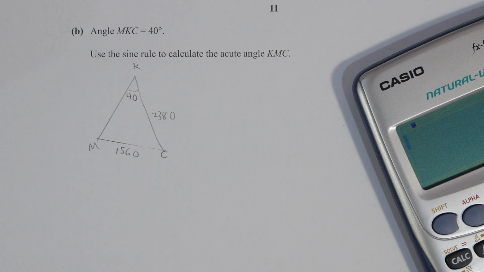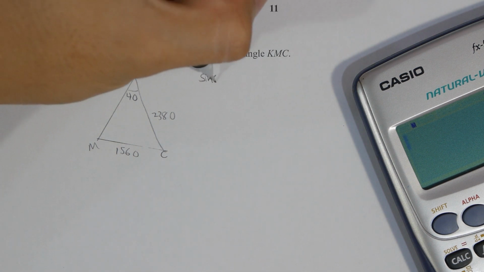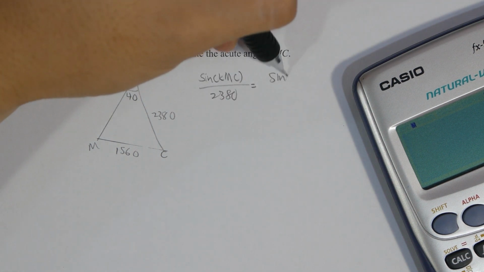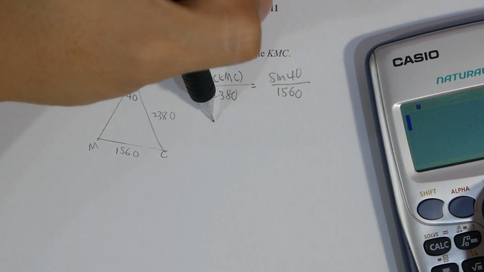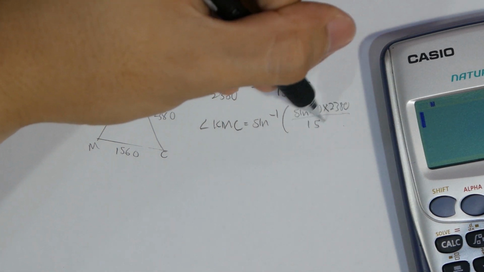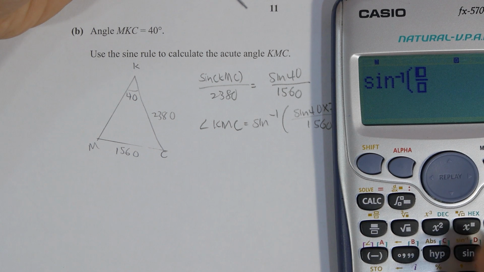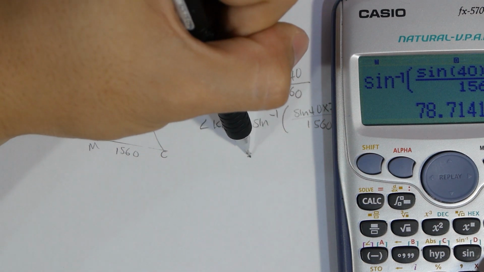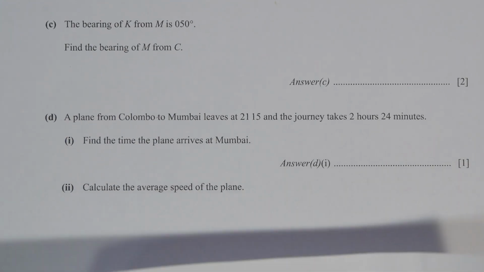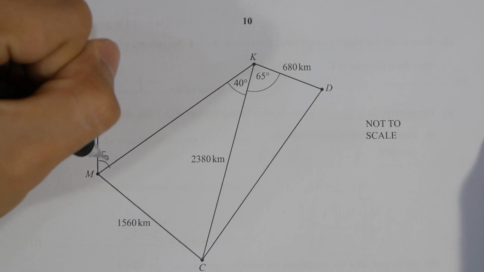By running the sine rule, you get the result as 78.7 degrees. So the bearing of K from M is 50.